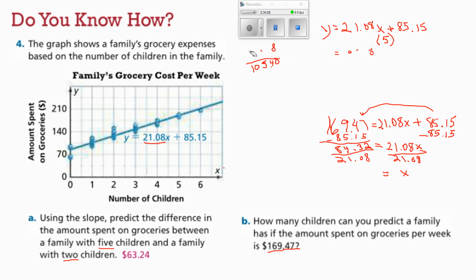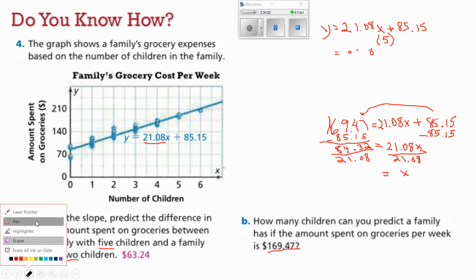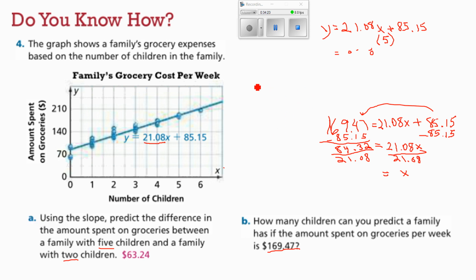So I think I'm going to use this area over here. Okay, we've got 84.15. And we're going to divide that by 21.08. I know that 21 can go into 48 4 times, but I don't think 0.08 will go into 15 4 times.